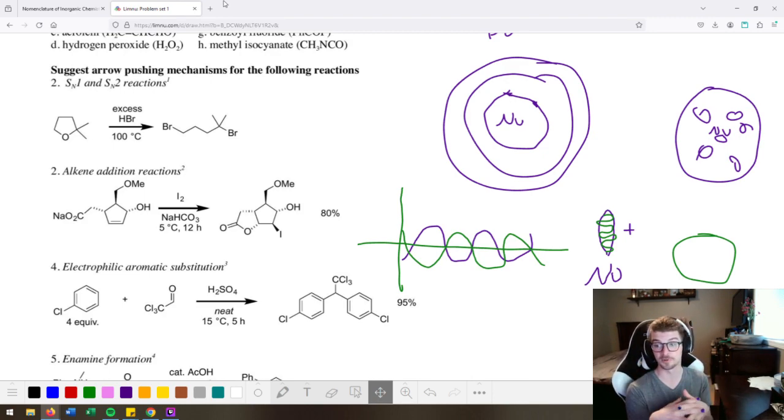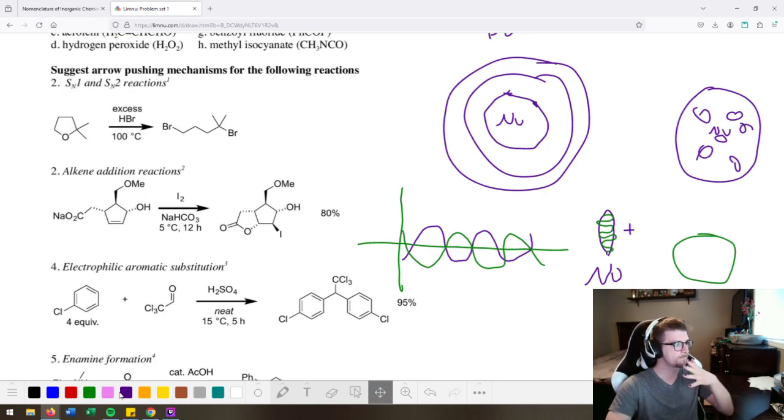Similarly, two empty orbitals cannot react with each other because they have no electrons, so there's nothing to react. All of these reactions are just electrons, and that's all we deal with in the entirety of chemistry, except for nuclear chemistry, because that's why it's called what it's called.